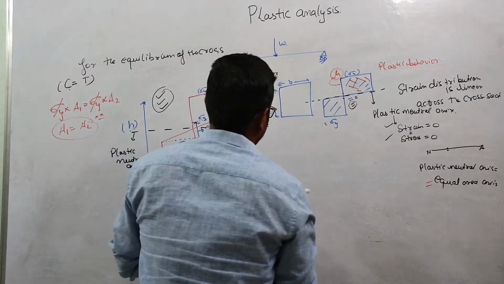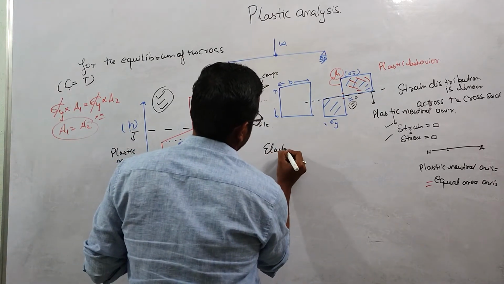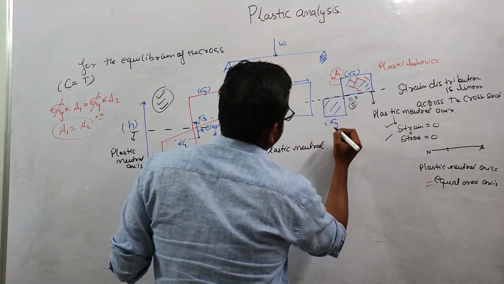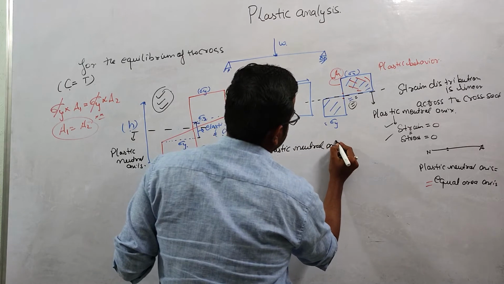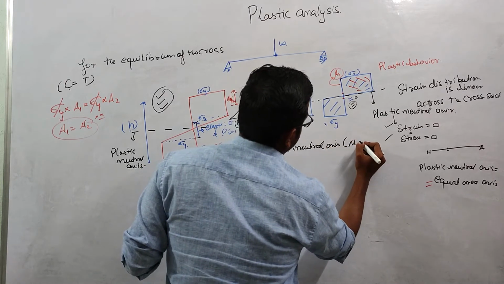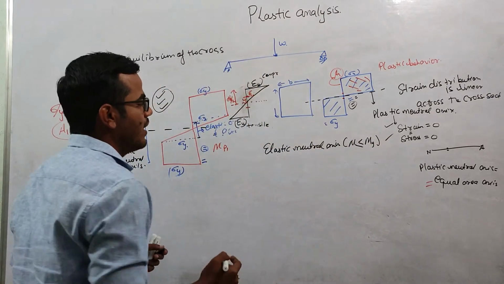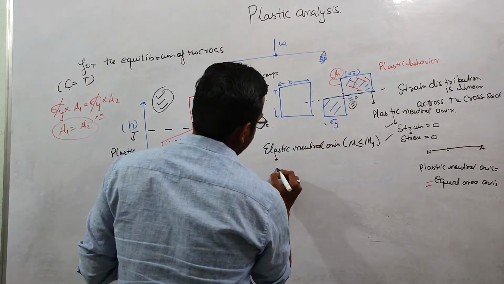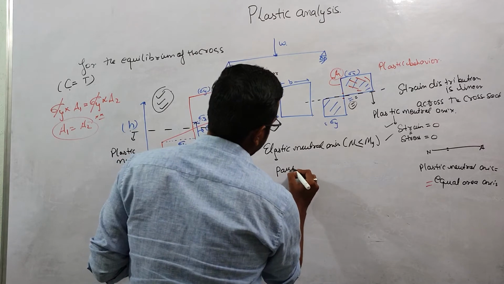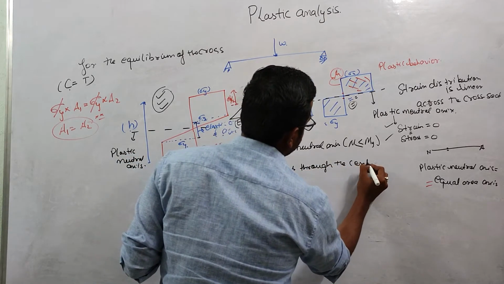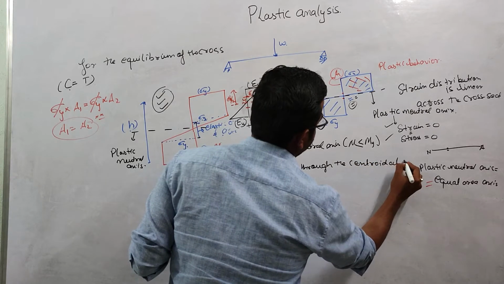When the moment is less than or equal to M_y, we are in the elastic state. In that case the elastic neutral axis will pass through the centroidal axis.